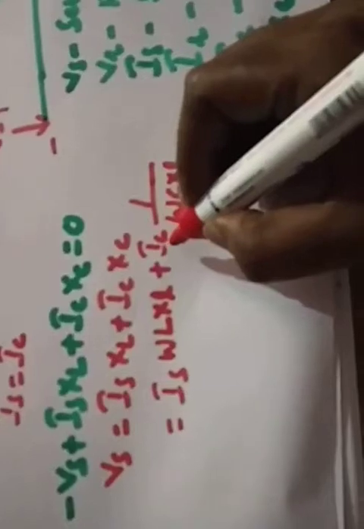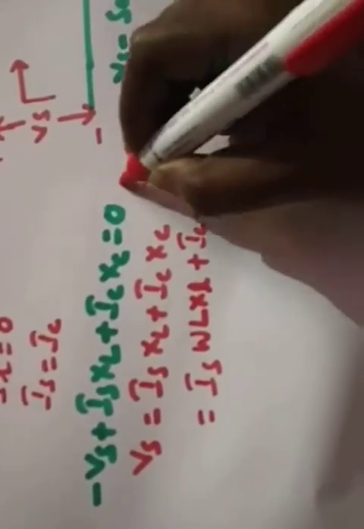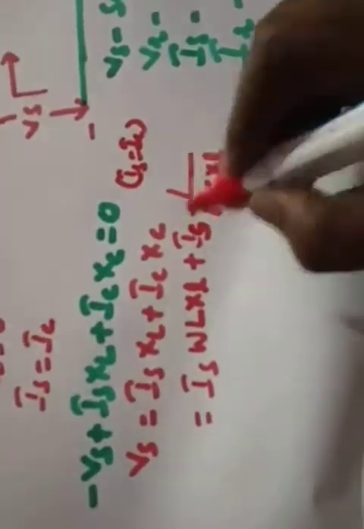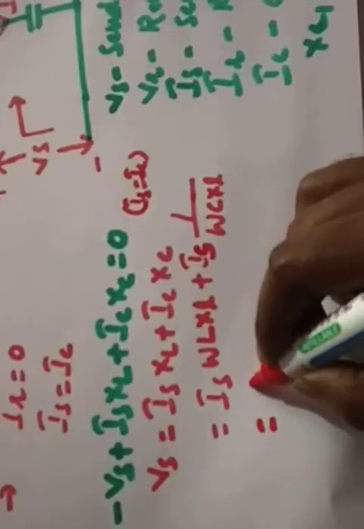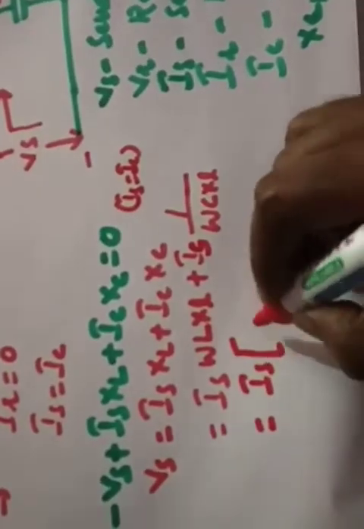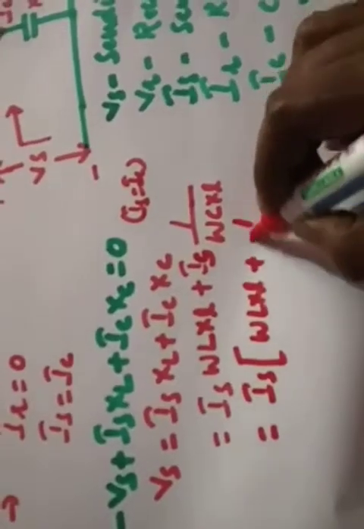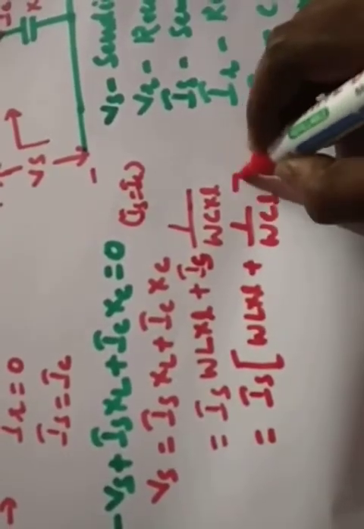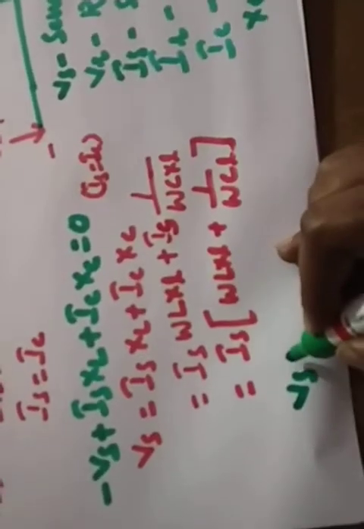So IS is equal to IC, so you can make IC nothing but IS. From this, IS is common: omega L l plus 1 by omega C l.